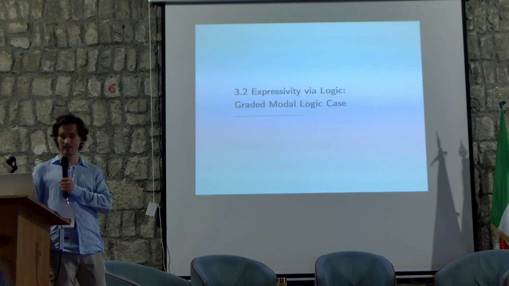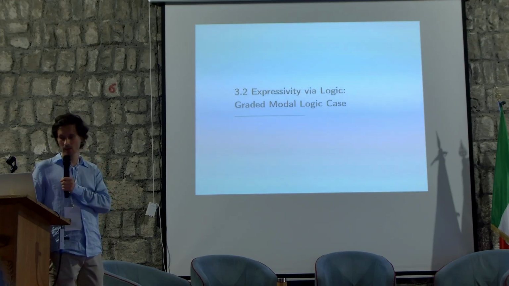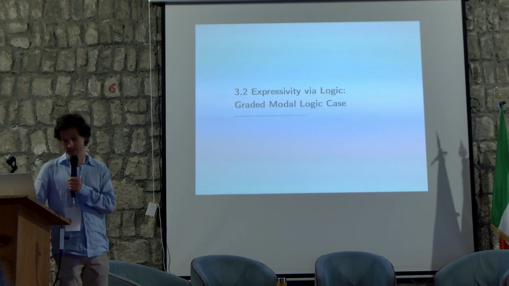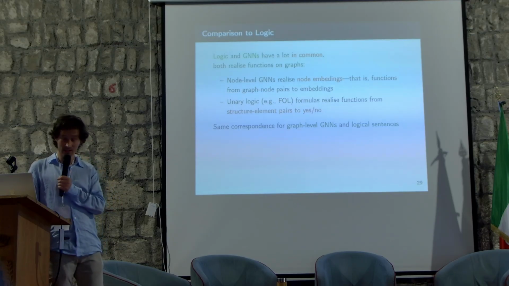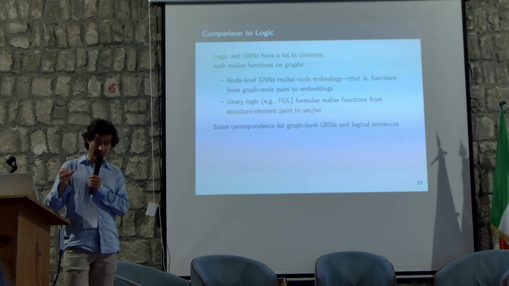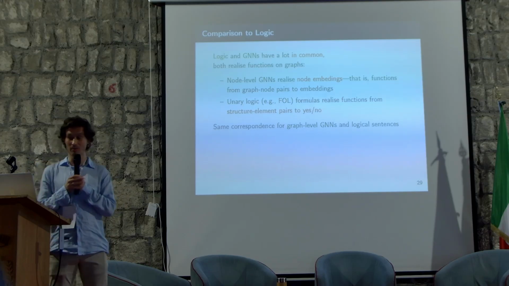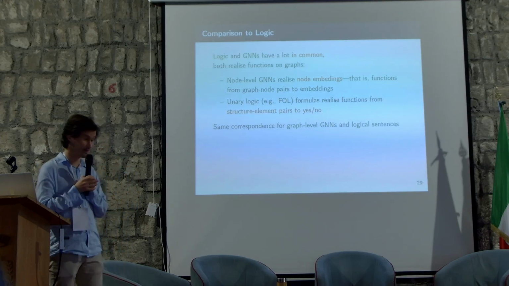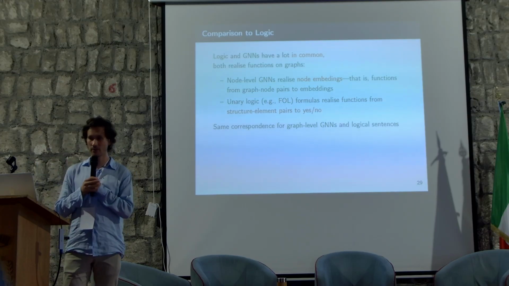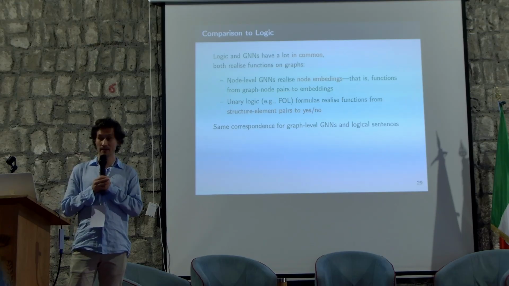I should probably overview very quickly what else is in this field. Basically, the connection to logic, which is probably the first result in the field of this uniform expressive power.